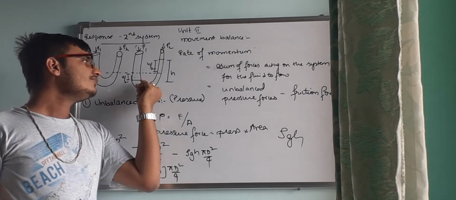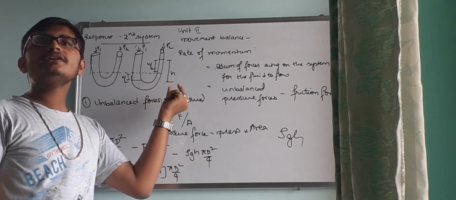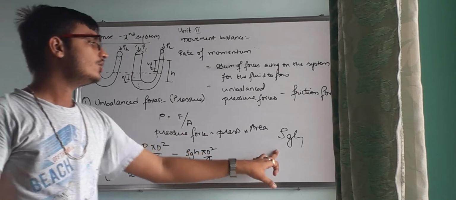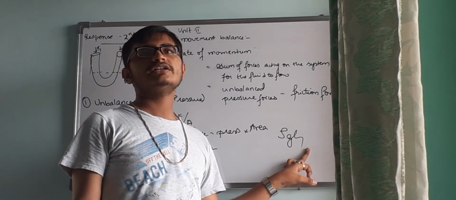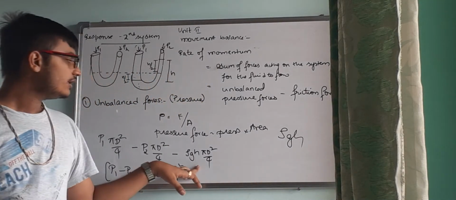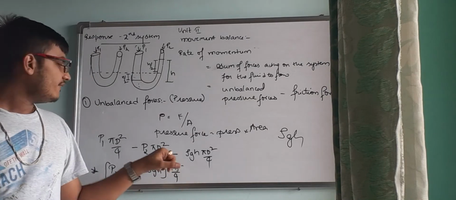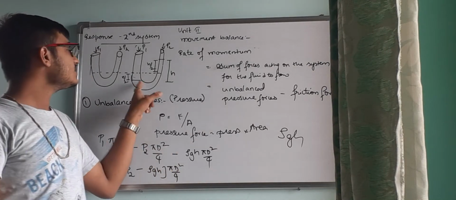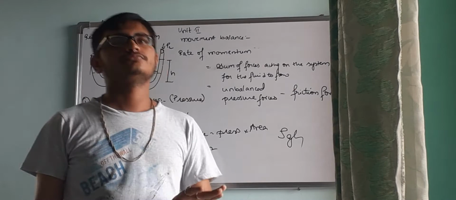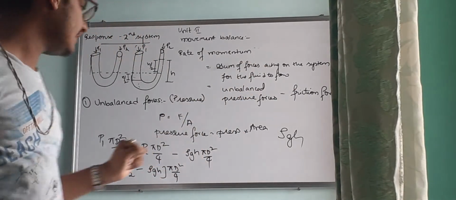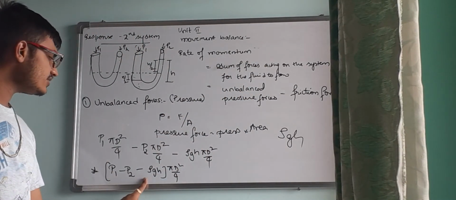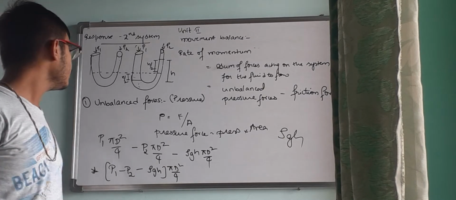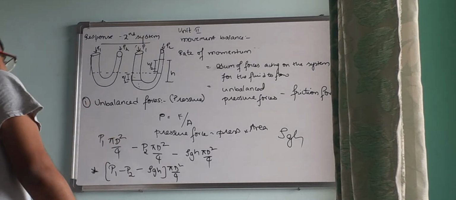Now even the fluid that is present in the manometer will develop some pressure, which is rho g h, into area. Why again are you subtracting? Because this will oppose the motion of the flow. Hence you subtract it. So P1 minus P2 minus rho g h, into pi d square by 4. This is your unbalanced pressure force.